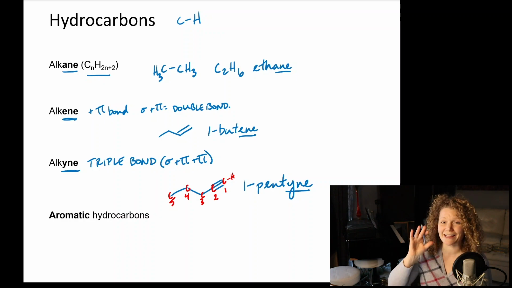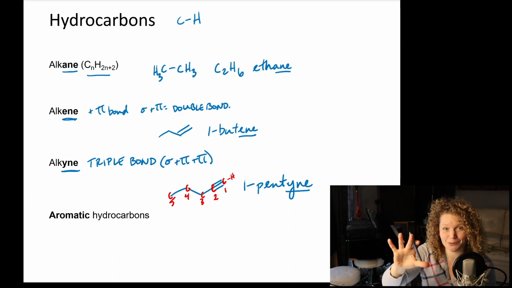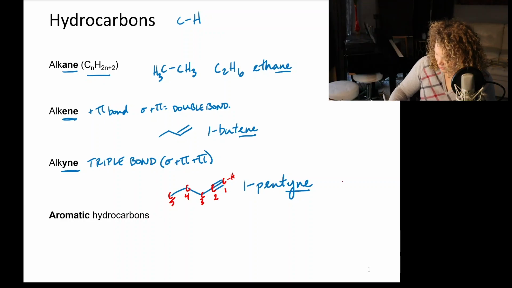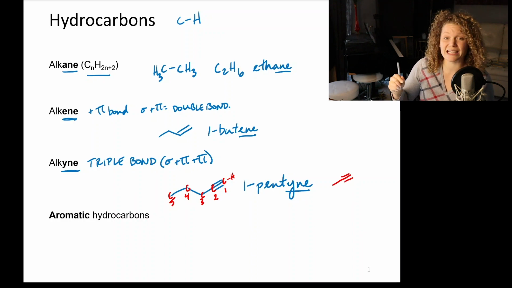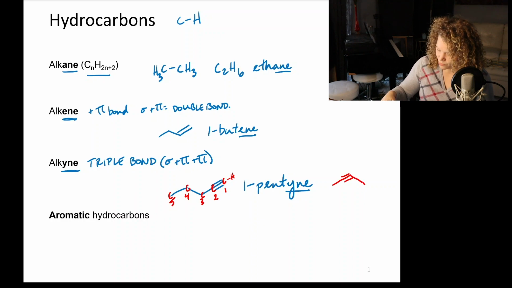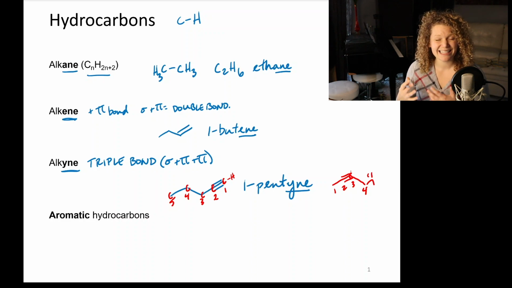I want to also highlight for alkynes, don't do the following. Alkynes have sp hybridized carbons. So let's say we wanted to draw something with 1, 2, 3, 4 carbons. This would be incorrect. This carbon here at carbon 3 is not linear.